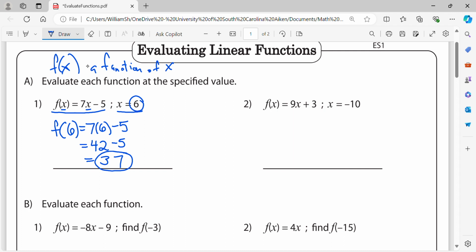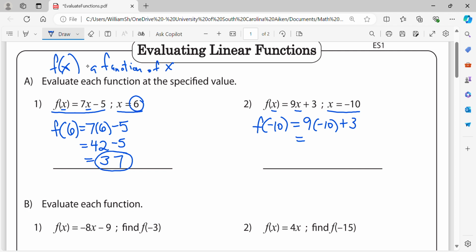Let's try another one. Number 2 says a function of x equals 9x plus 3, and we want to solve when x equals negative 10. Like I said, x equals negative 10 means I plug negative 10 everywhere I see an x. So f of negative 10 equals 9 times negative 10 plus 3.